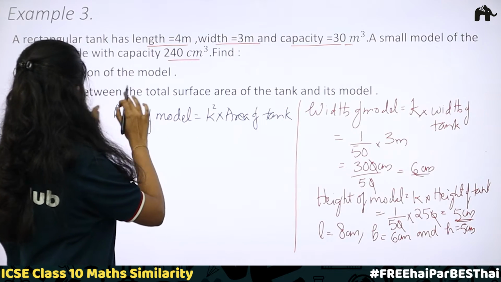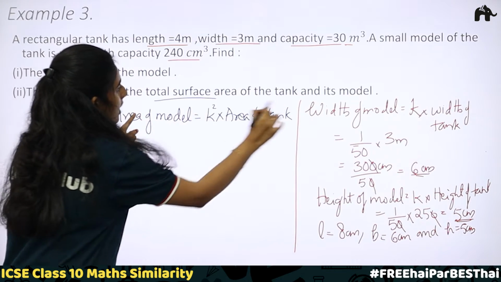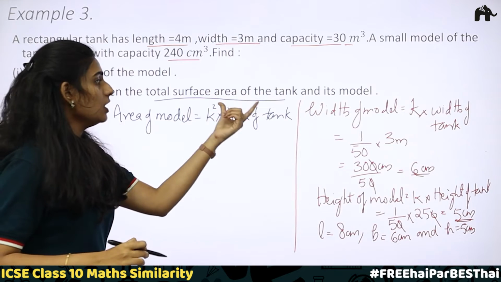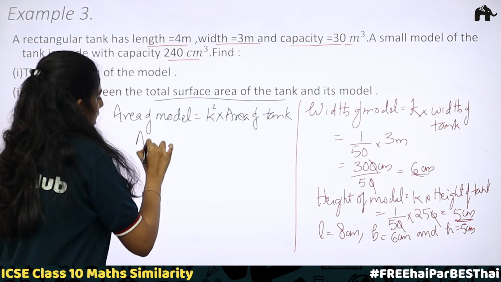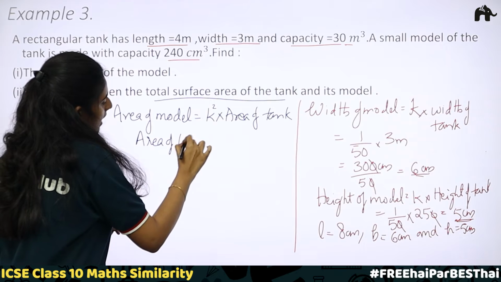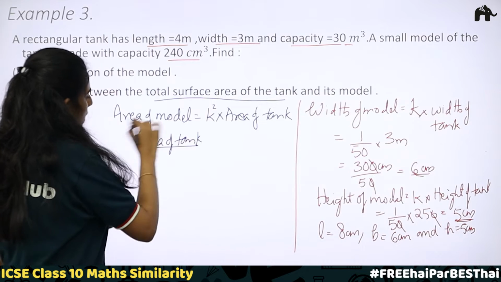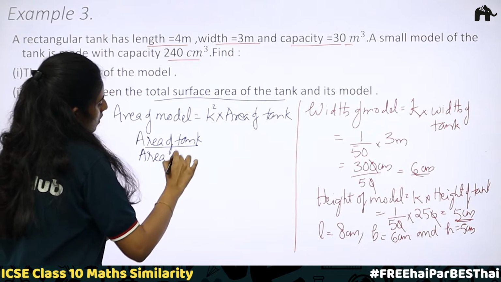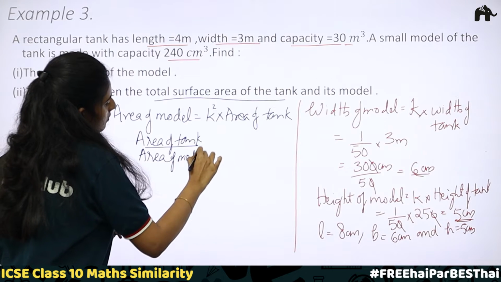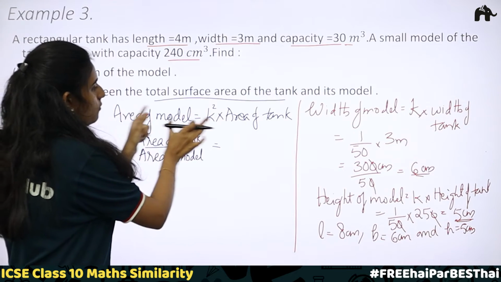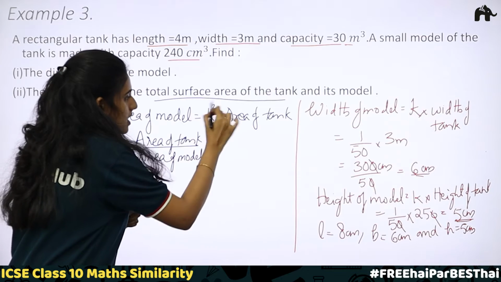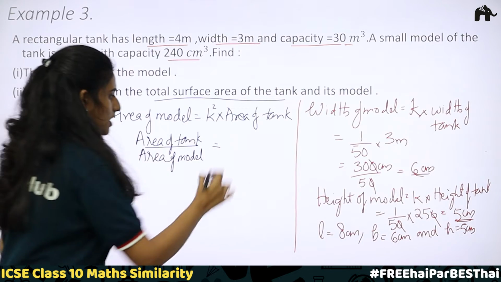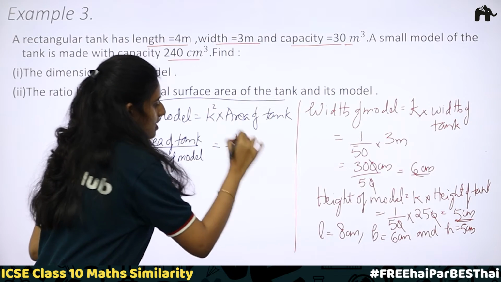Here we need to find the ratio between the total surface area of the tank, so tank should come in the numerator. Area of tank divided by area of model will be equal to, I am taking this area of model to the opposite side, k square will come to the opposite side in the denominator. That is 1 by k square.